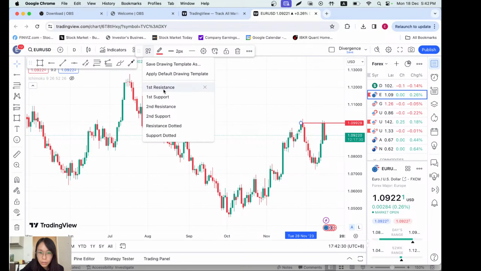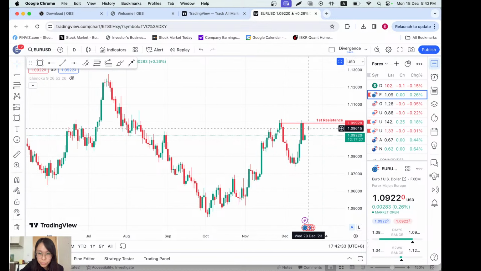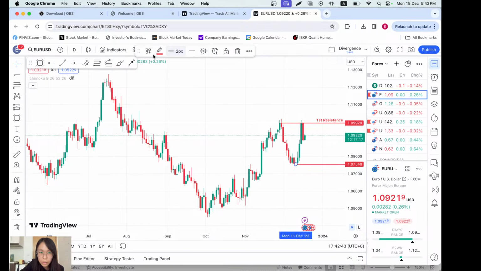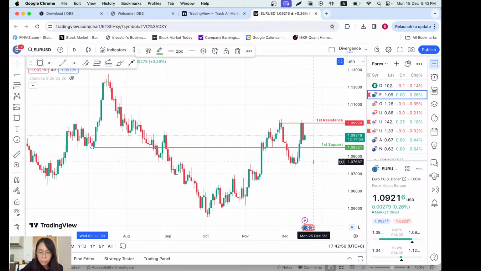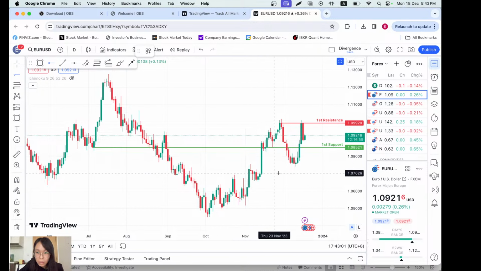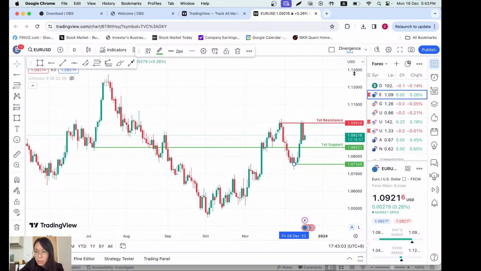Okay, this will be my level of resistance, or swing high, and I'll be using this for my support. I can bring it closer. This will be an overlap support. The second support is right here.